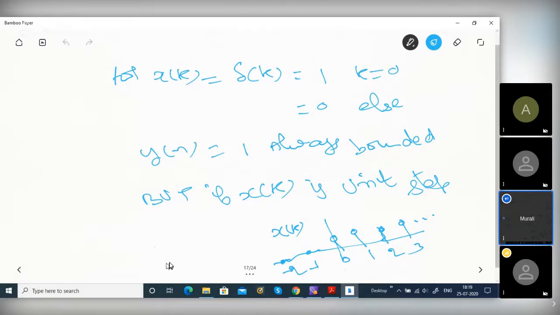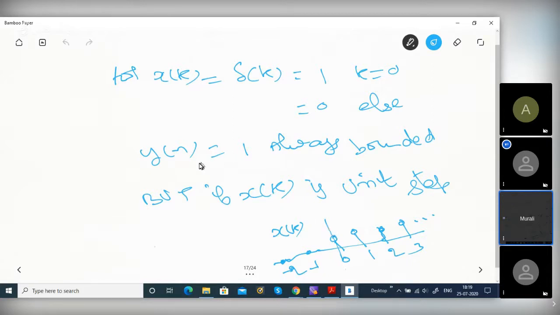The input never exceeds one, right? Input x of n is less than or equal to one always, it never exceeds one. How do you say that this output is unbounded? You give any value. For example, output y of n maximum value you say is 100, it should not exceed 100.